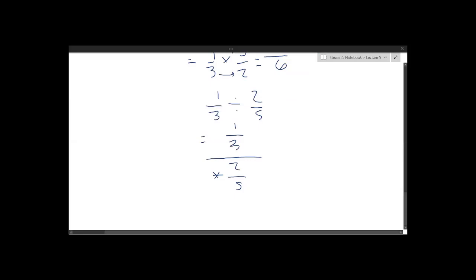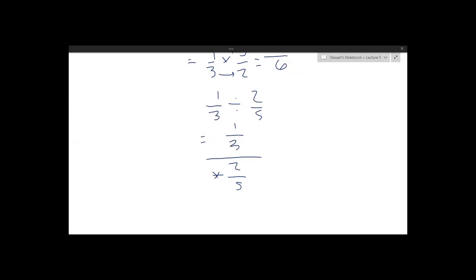Whatever you do to the numerator, you have to do to the denominator, or vice versa. So to clear this 5 out, since we're dividing by 5 here, we'd multiply by 5. And then we'd also have to multiply by 5 up here to keep it consistent, so we could cancel these and it'd be equivalent still. These are going to cancel each other out, and then we're going to be left with 5/3.